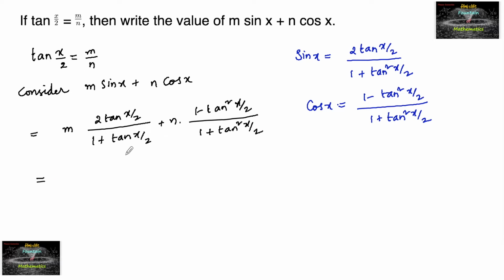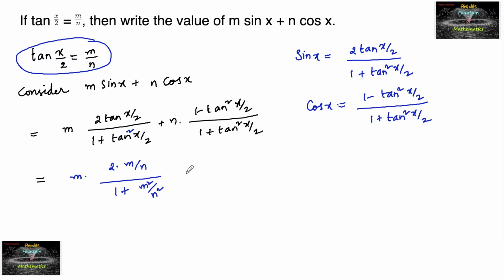Let us substitute tan x by 2 is equal to m upon n. So we can write m into 2 times m by n upon 1 plus m square by n square, plus n times 1 minus m square by n square upon 1 plus m square by n square.